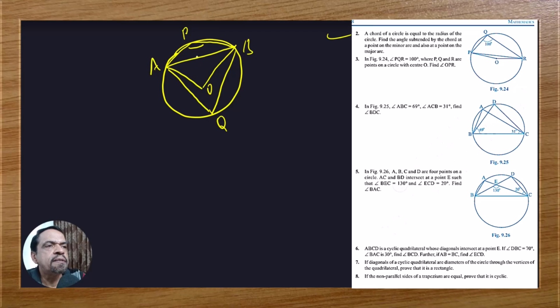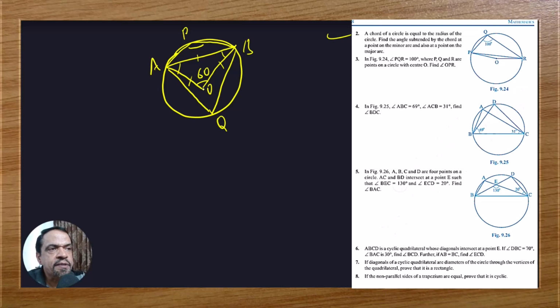Whenever you see the chord is equal to the radius, as we saw in previous examples, this radius is also equal to the chord. So this is an equilateral triangle, and all three angles are 60 degrees. Now using the theorem, the angle at the center is twice the angle at the remaining part.